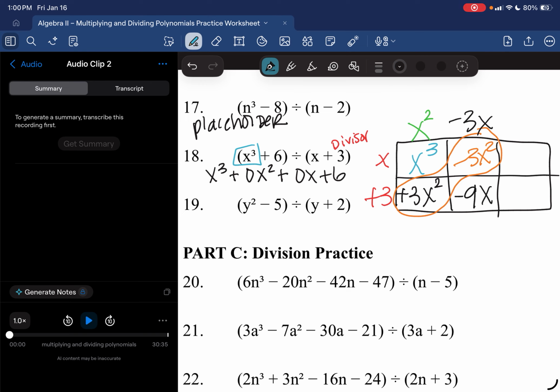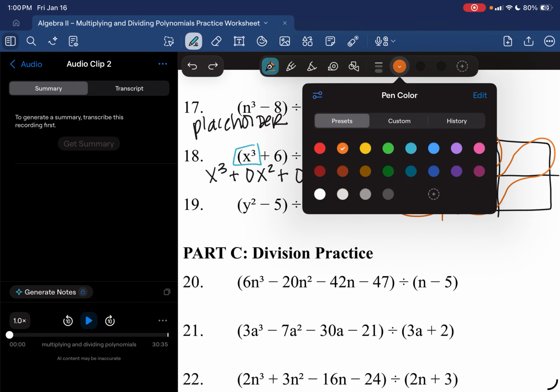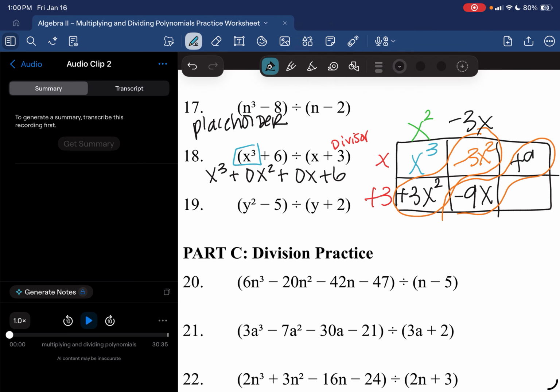What's next? Draw your peanut. Negative 9 plus what gives you that 0? Right, this is 0x, so negative 9 plus 9 gives you 0 when you add them.